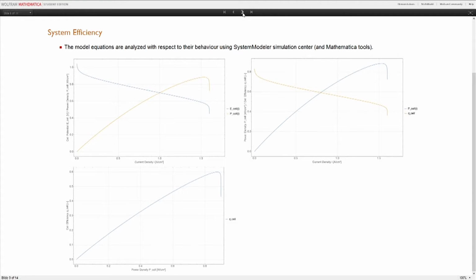And then basically most people also draw the efficiency curve over current density, which is basically kind of a replaced characterization curve, because there is a constant relation.